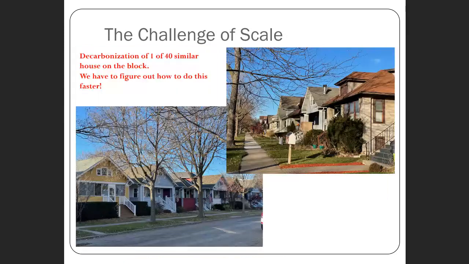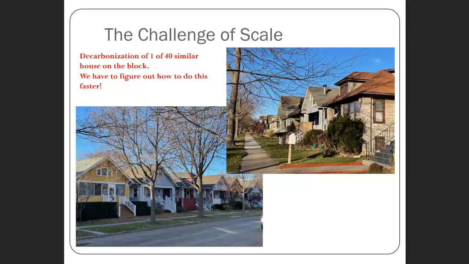But I looked down the street, and his house is only one of, I should have counted better, either 40 or 42 similar houses on that block. So when I talk about scale, I'm saying we don't have to figure out how to do one of these. We have to figure out how to do 40 or 42 of the same project.